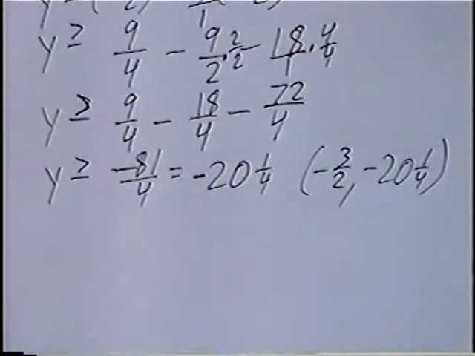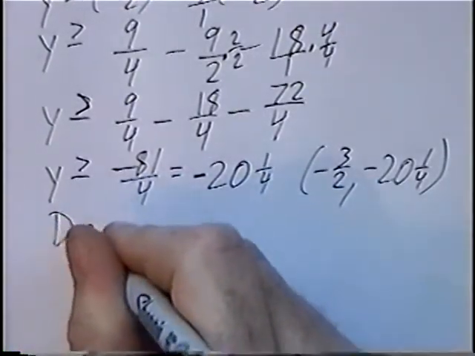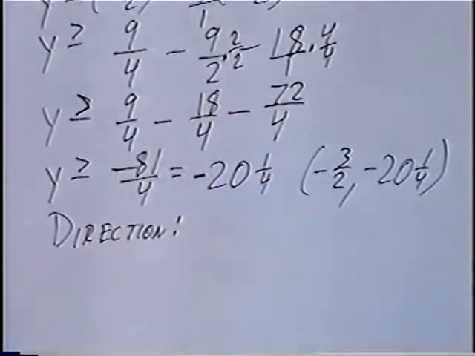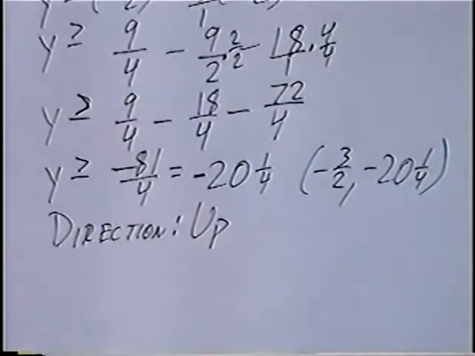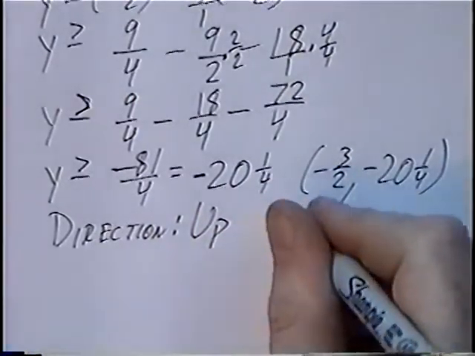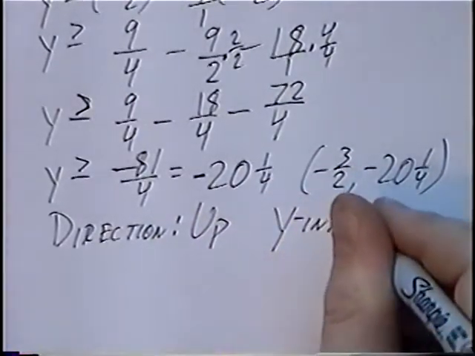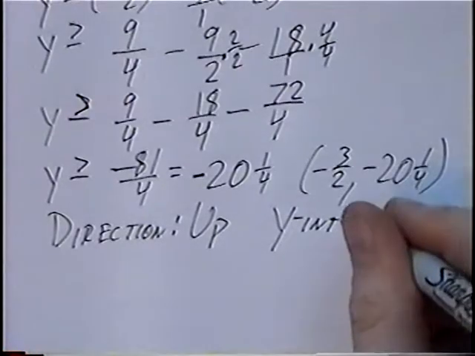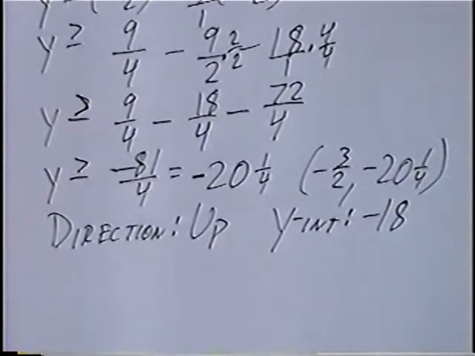The second part to graph, we can find the direction. Looking back at the original equation, we had a positive x squared, so the direction would go up. We can also find the y-intercept. If you remember, the y-intercept is the value of c in the original equation, which would be negative 18.